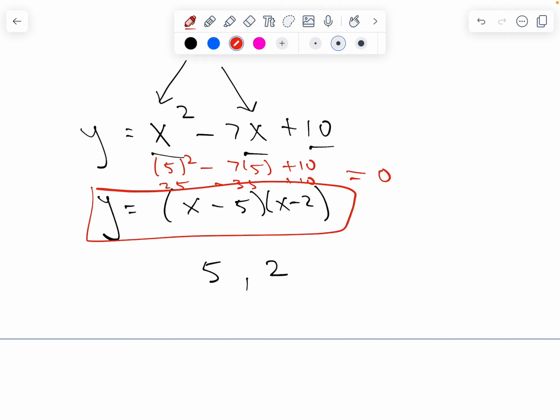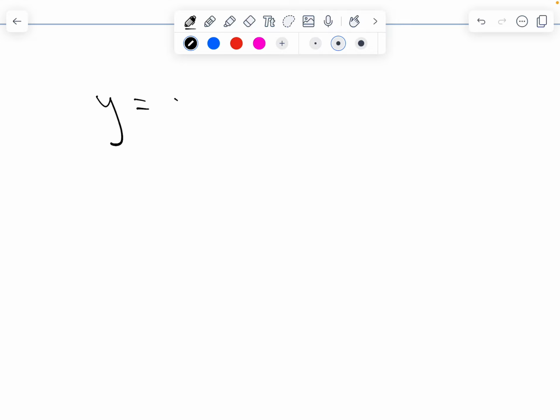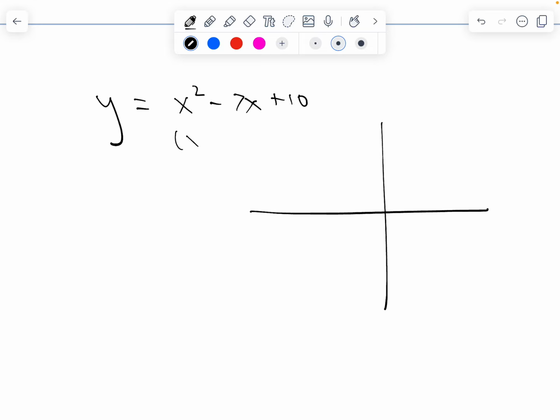Okay, now, because of that, you can graph things pretty quickly if it's like this. Let's just do that equation again, x squared minus 7x plus 10. And if we want to graph it, then we remember in factored form, this is x minus 5, x minus 2, which means that when, let's make our table, when x is 5, the y value is 0, right?